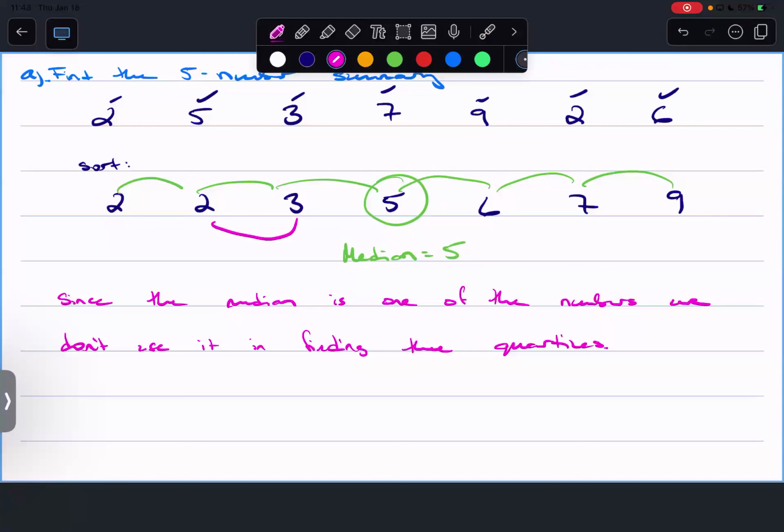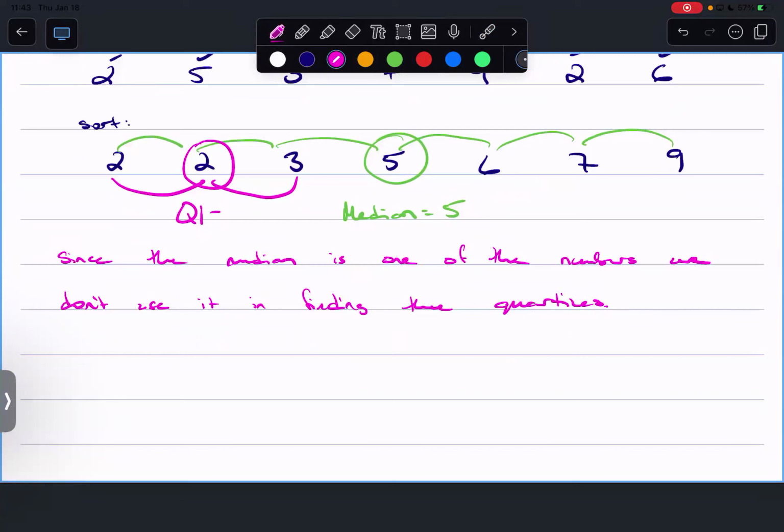And so from here, you'd be exactly right. The first quartile is 2. Now, on the upper half, same deal, right? You're not using the 5. You want to use the 6 and the 9. And so Q3 is 7.